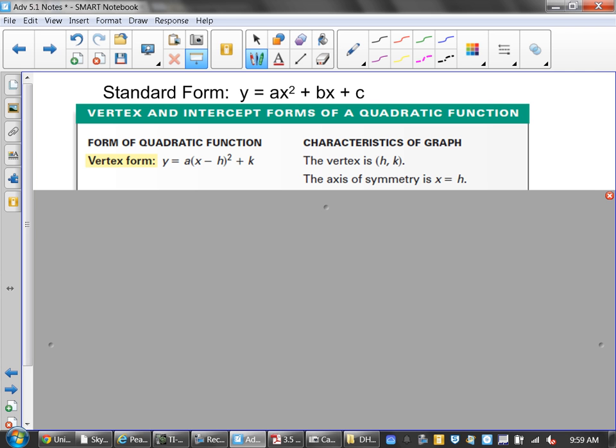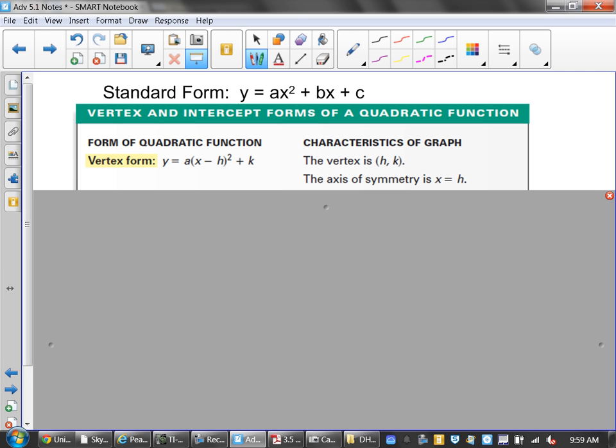What's nice about vertex form is that it tells you where your vertex is right away. It tells you your vertex is at the ordered pair H, K.